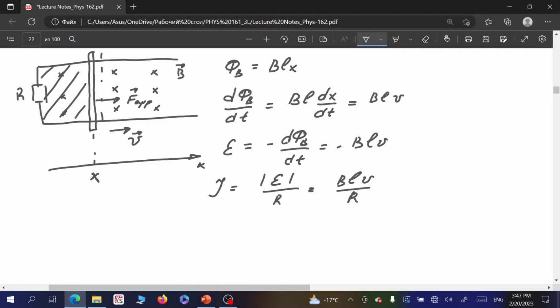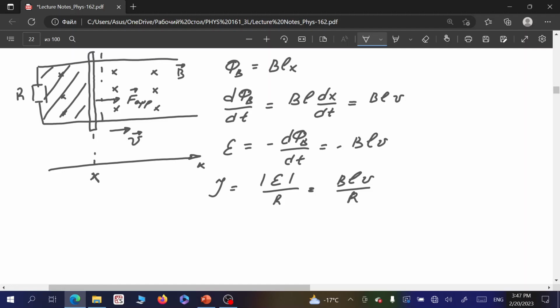Their orientation, like polarity and direction of the induced electromotive force and current, are defined by Lenz's law, which tells that they always oppose the reasons which cause this induced electromotive force and current. And their magnitude is defined by Faraday's law, which tells us that it's equal to the rate of changing magnetic field flux through the current loop or wire loop which we are considering.